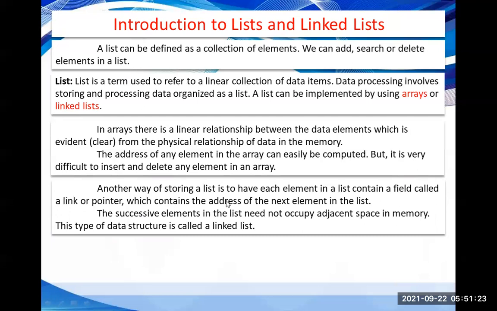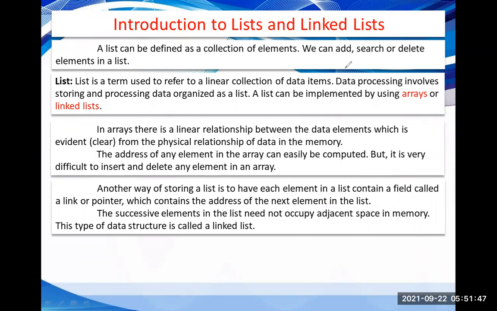One is a data field and another one is a link field. Each element in a list contains a field called link or pointer field. Here, the link field or pointer field contains the address of the next element in the list.